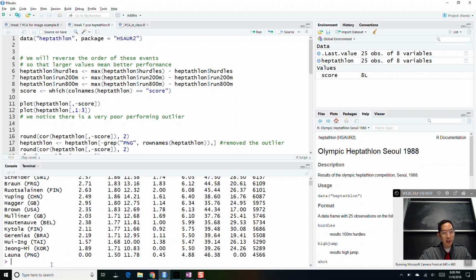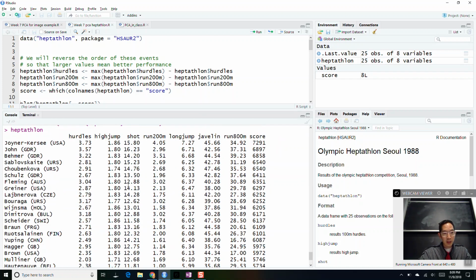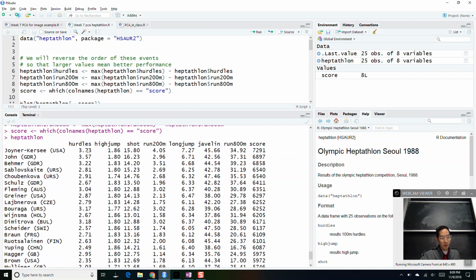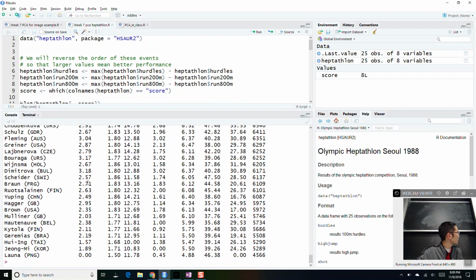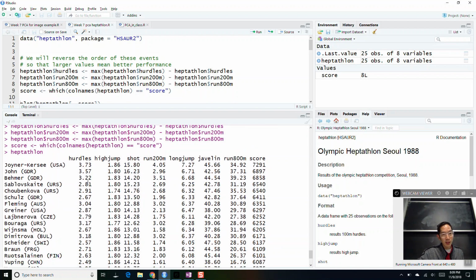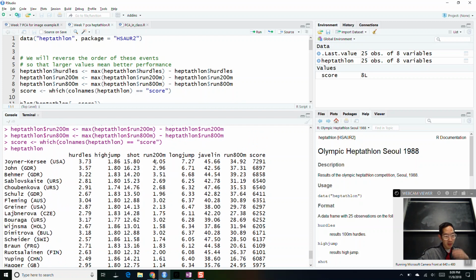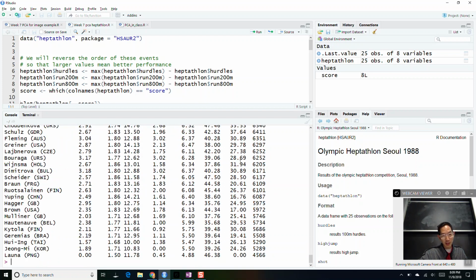After we clean that up, we've turned everything into how far ahead the person was from the slowest runner. For the 200-meter run, Joyner-Kersee was 4 seconds faster than the slowest, and for the 800-meter run, she was 35 seconds faster than the slowest.